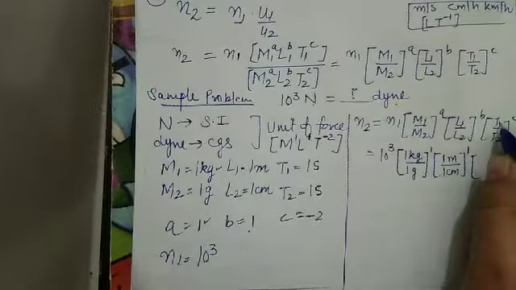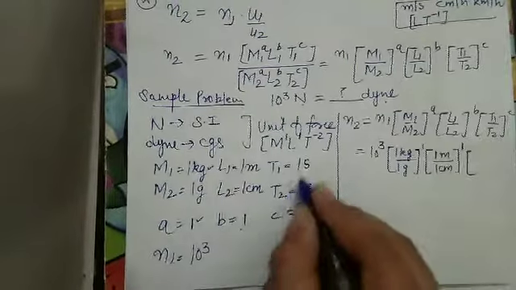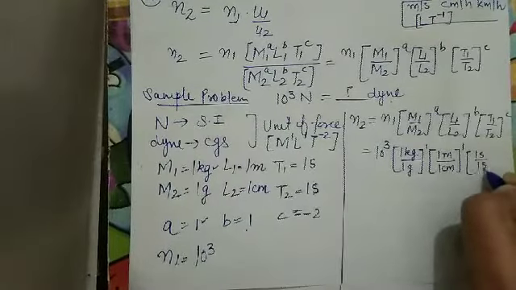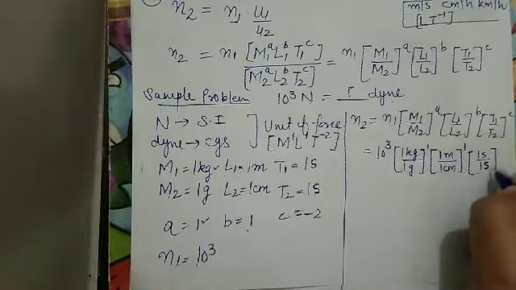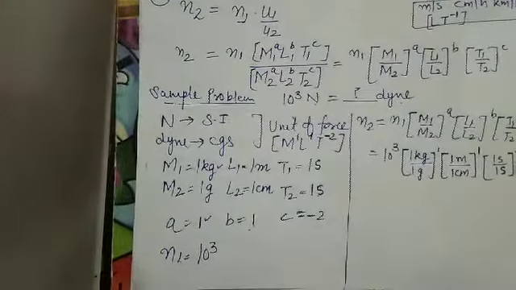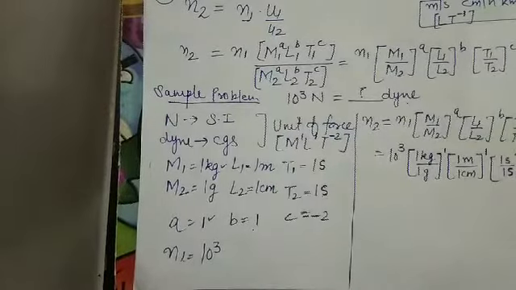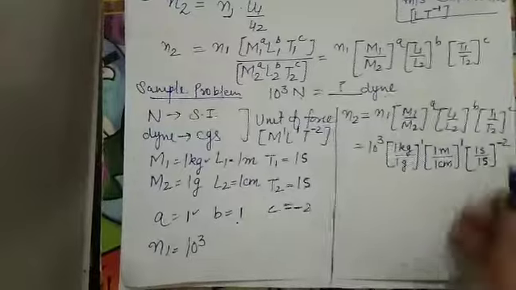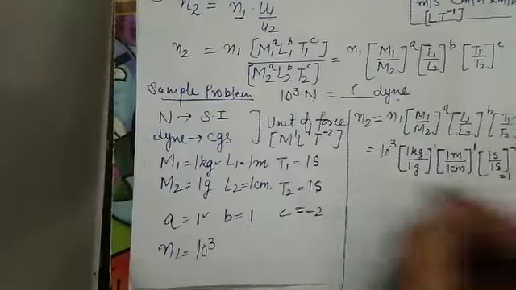Next, T1. What is T1 here? 1 second. T2 is 1 second. 1 second by 1 second will be 1, and power minus 2. Students, a point to be noted: 1 with any power, either 0, positive or negative, the result will be 1. So it will be 1.